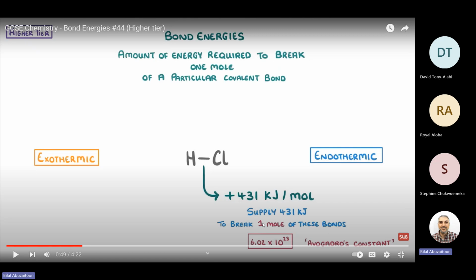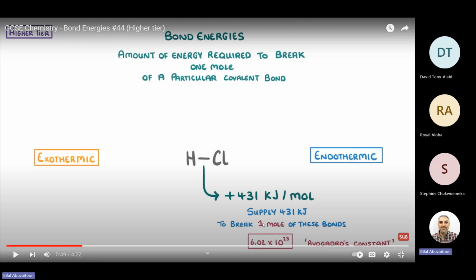This is not my question. My question is, who can expect the amount of energy that will be produced if we form the HCl bond? Any idea? Wouldn't it be equal to the energy in? Exactly right.